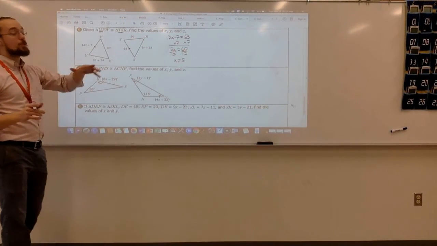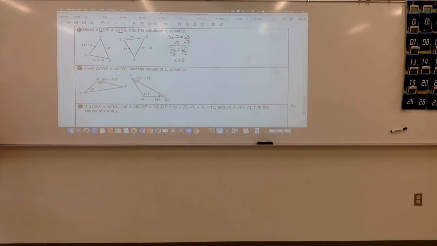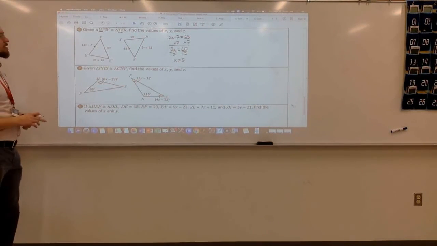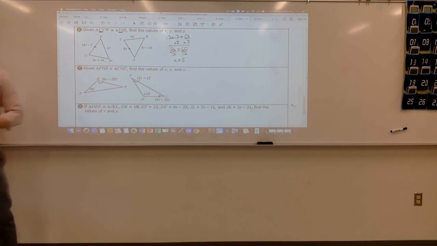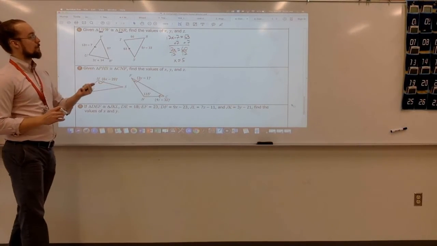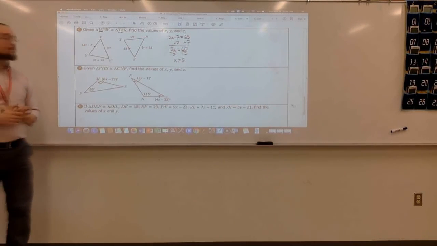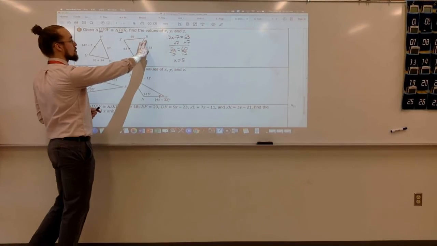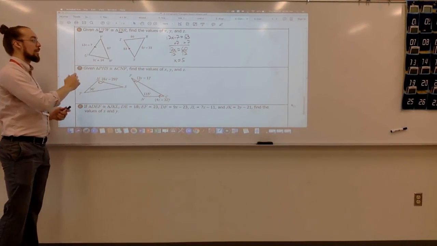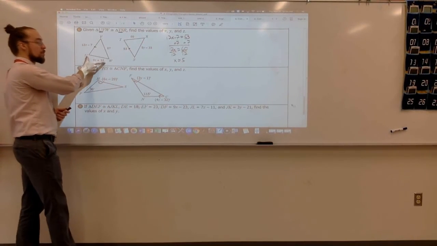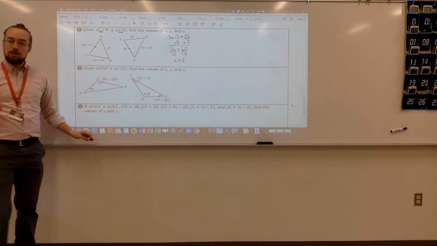Okay, so why don't you guys try Y and Z here? Set up an equation to solve for Y and Z. Find which side corresponds to RS over here, then find which side corresponds to UW over here.